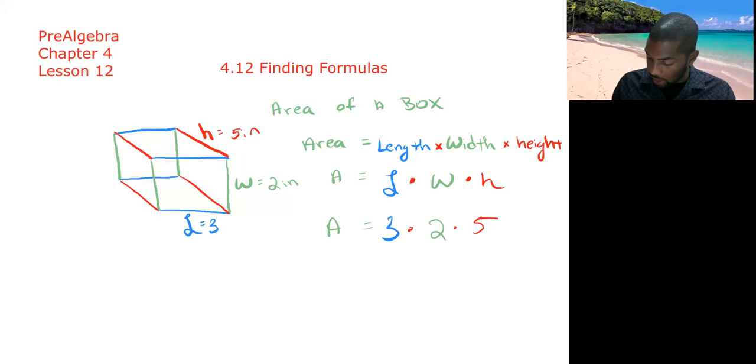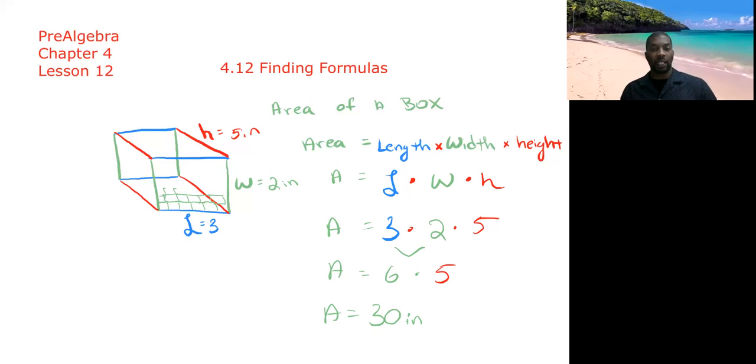Your area will be 3 times 2 is what? 6. 6 times 5 is 30. It would take 30 little squares, little boxes, blocks or cubes to fill up the entirety of the inside of this shape.